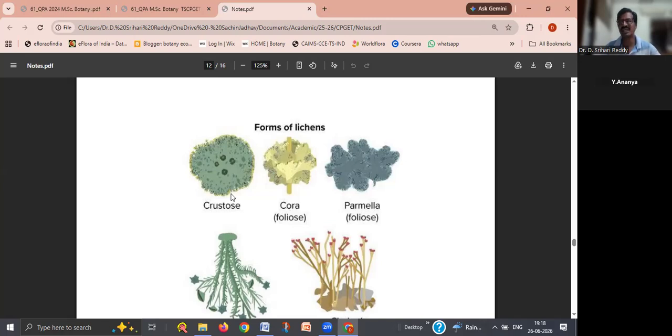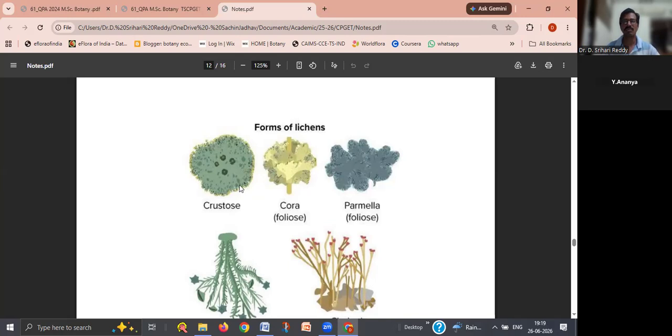They are called crustose lichens. We also studied them in xerosere or lithosere; they are called pioneers of the lithosere, meaning they start their life on bare rocks.